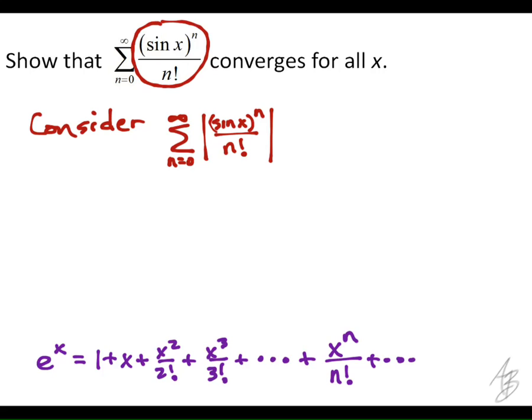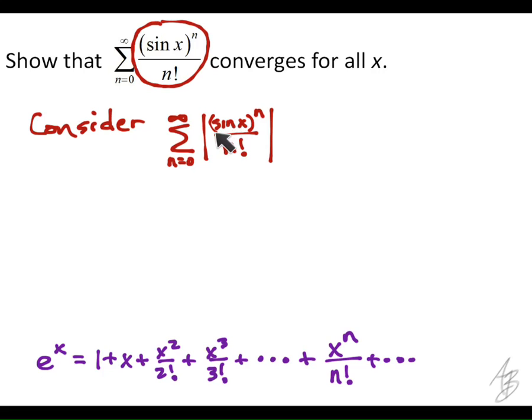So if I know that this converges for any x value, and if I can show this series right here is smaller than this series, then I know this one's also going to converge, right? So is there a way for me to show that this series right here is less than or equal to this series term by term?